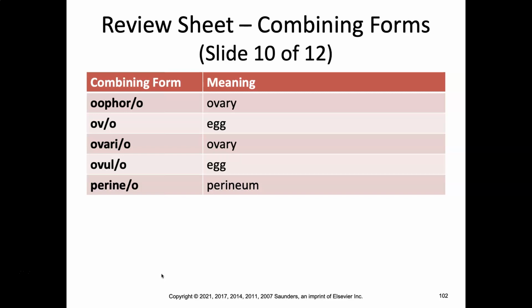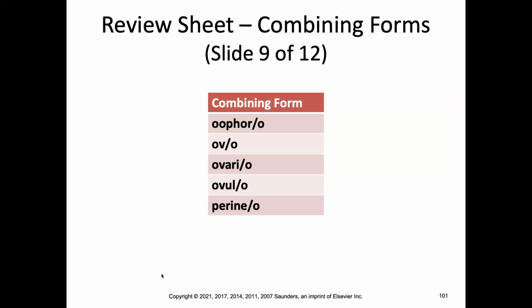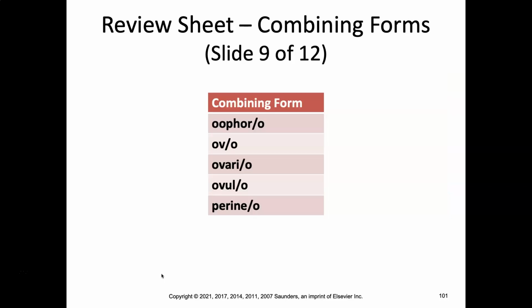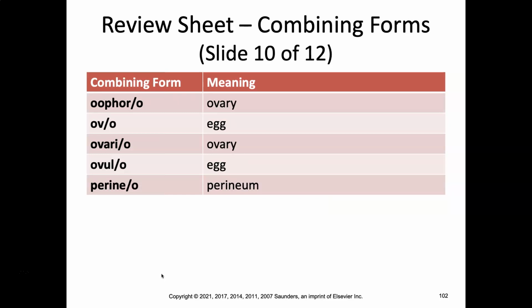OV is egg, OVUL is egg, and if I go back here, O is egg. So you have three potential combining forms that all mean egg. It can be O, it can be OV, or it can be OVUL. And the same for ovary. You've got oophor and ovari. Who knows why, but just make sure that you make a note of that as you're studying, maybe with your flashcards.